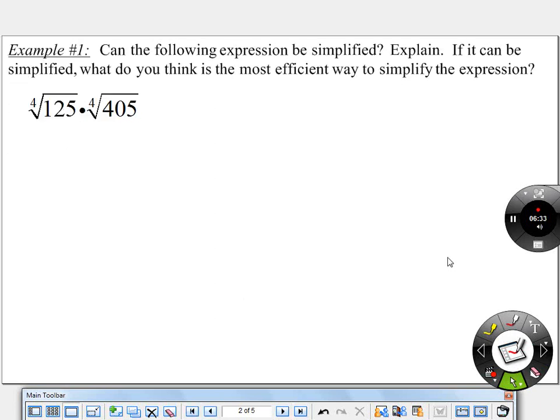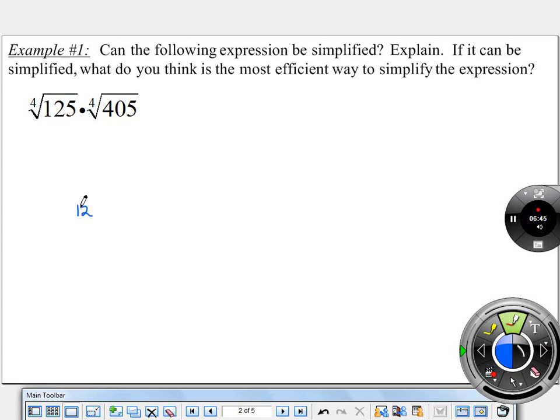So like in example 1, rather than actually multiply together 125 and 405, break down what those things are equal to. So like 125 down to be 25 times 5, so 5 times 5 times 5. So I'm going to think of this as being the fourth root of 5 times 5 times 5.